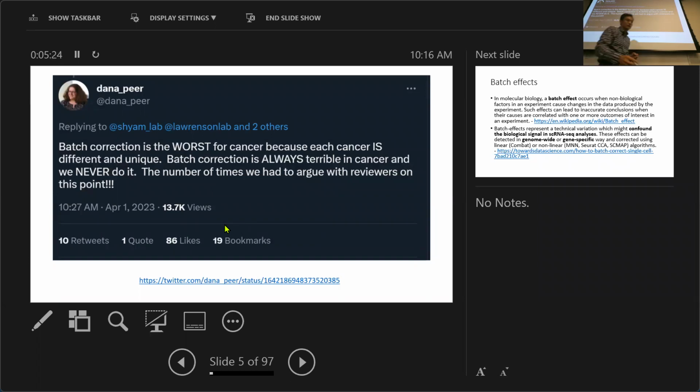Unless you have a very strong reason to believe that this machine, or sending a sample to this center to sequence, gives a technical bias, where even the mixture or control you gave comes back and may not merge, then you believe there's a strong technical bias, and in that situation you probably want to do some kind of batch effects correction.